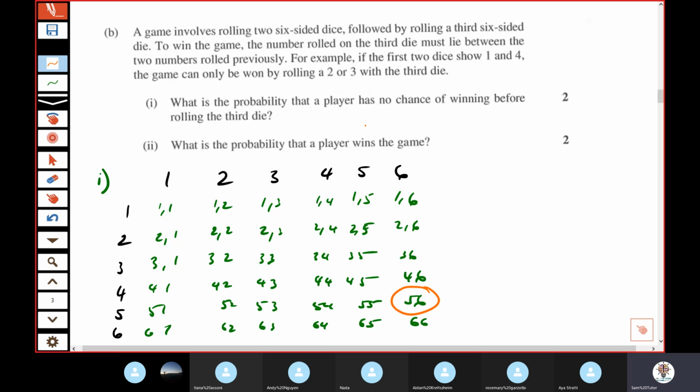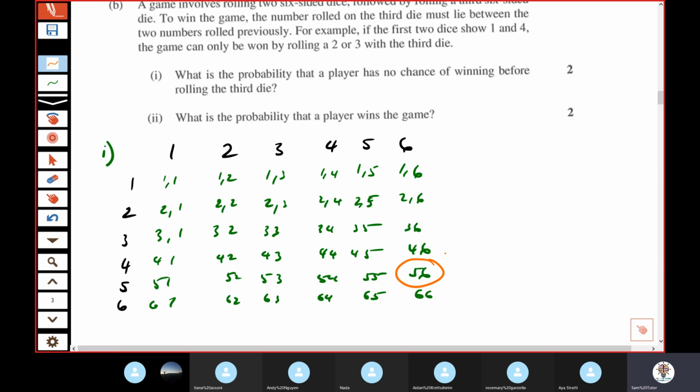So, what is the probability that a player has no chance of winning before rolling the third die? Well, that should be pretty much all of these. There we go.